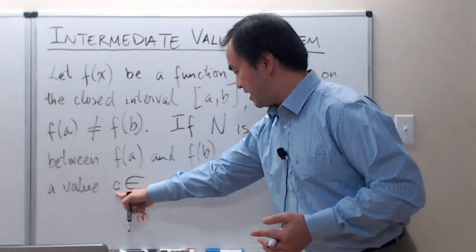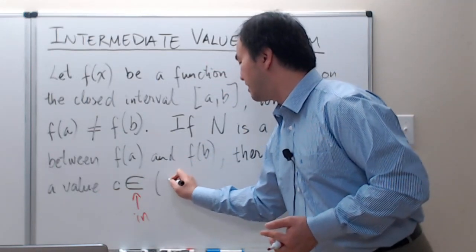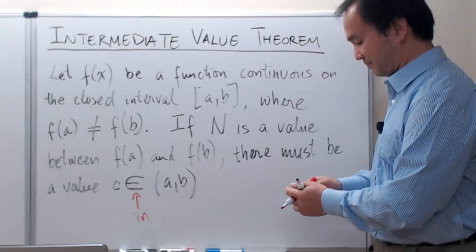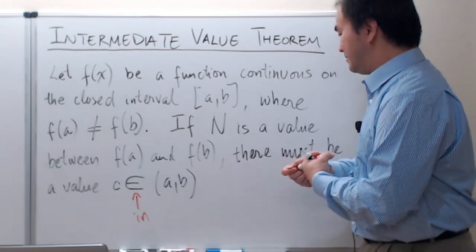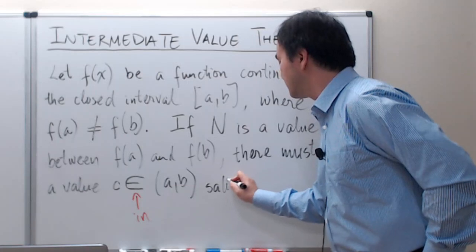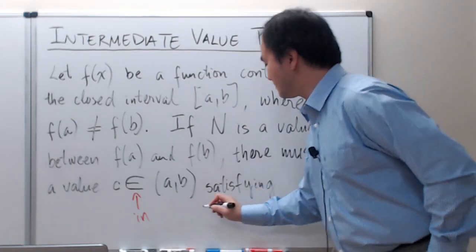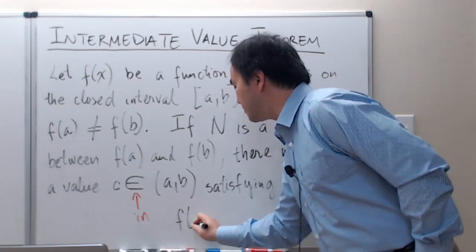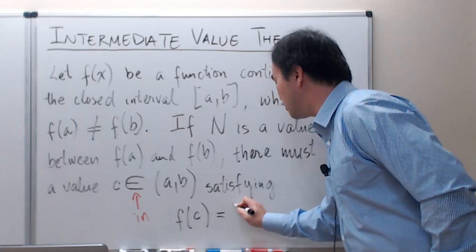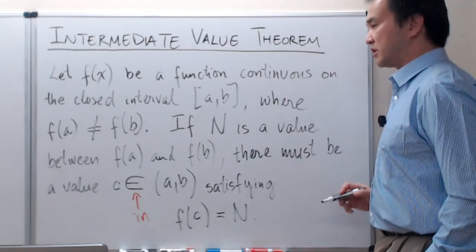And so c here is a value being inside, in between, the interval from a to b, satisfying what we've seen earlier in the picture. So f of c has to equal the value n.